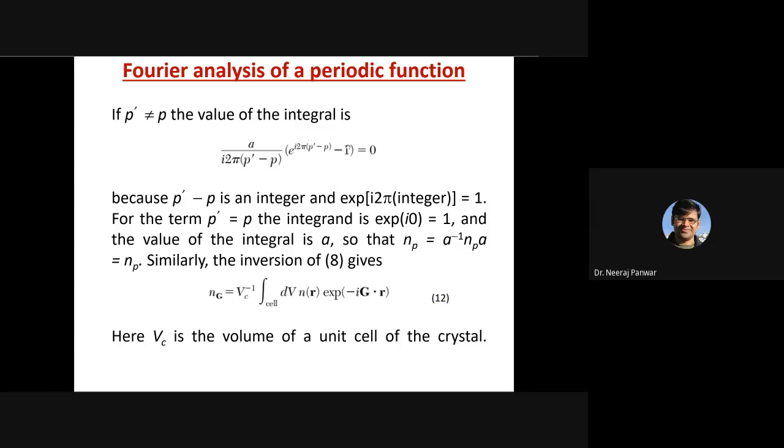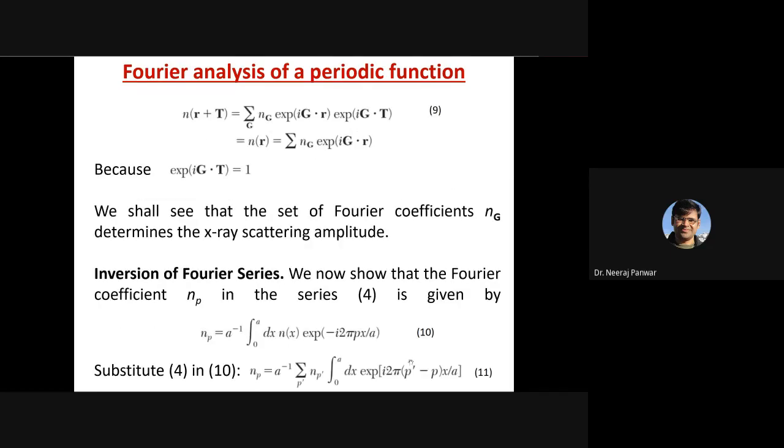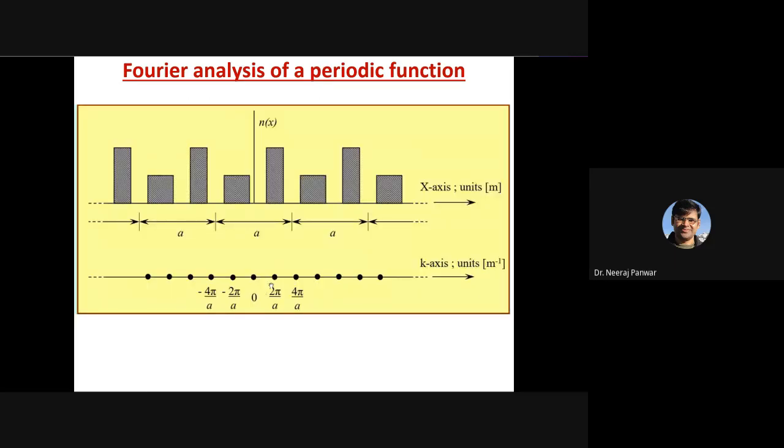So 1 minus 1 would be equal to 0. So if p prime is not equal to p, the result would be equal to 0. That's why we are not going to get any solution in between the lattice points.